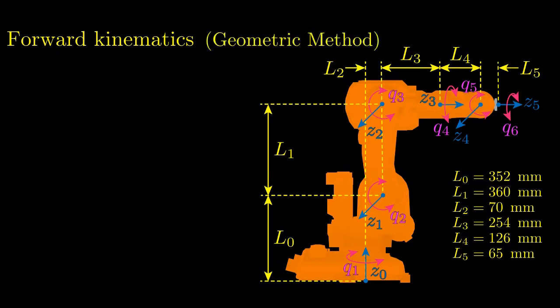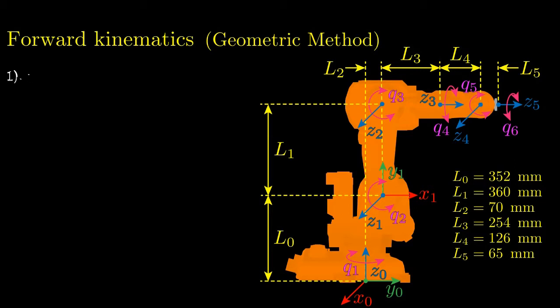Then I show the first reference frame, named the base coordinate system, where X0 points in the lateral direction of this robot, or outside the screen, and Y0 points in the longitudinal direction of the robot, or to the screen's right side. The second reference frame is posteriorly shown with X1 and Y1 arbitrarily defined, but respecting the right-hand rule.